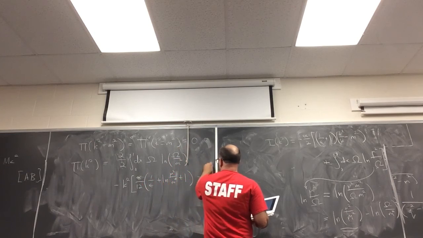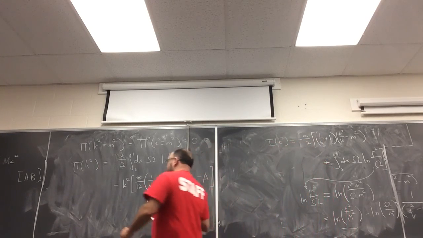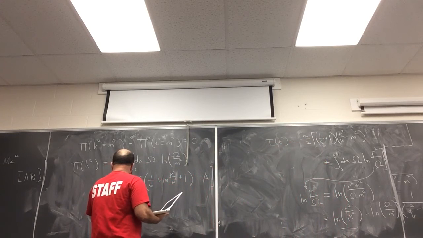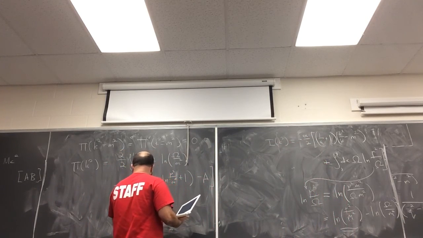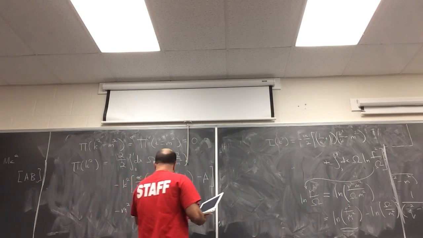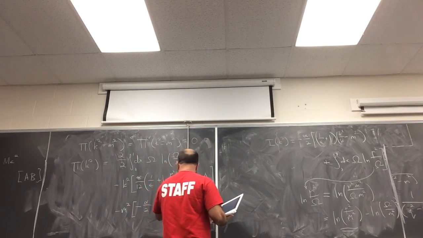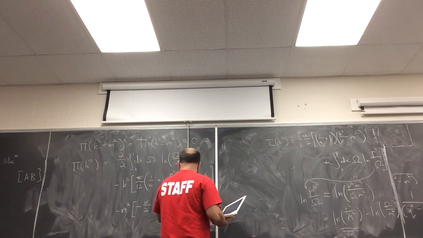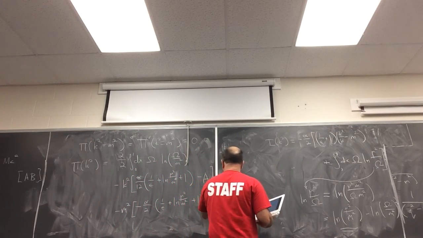Here's the contribution from my counter term. Remember, a multiplies k squared. And then I've got minus m squared, times alpha over 2, 1 over epsilon, plus natural log mu squared over m squared, plus 1 minus b.